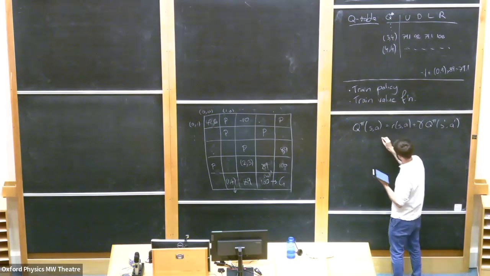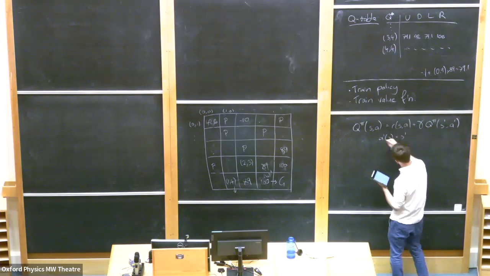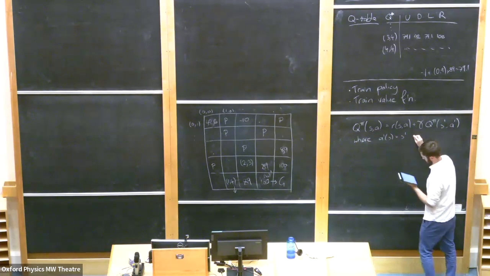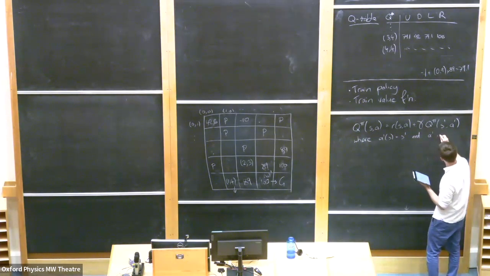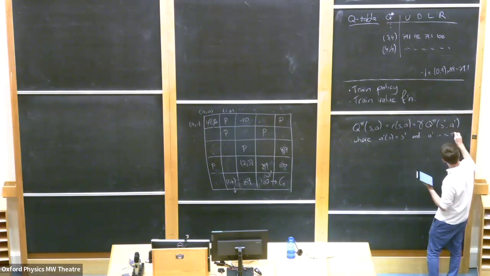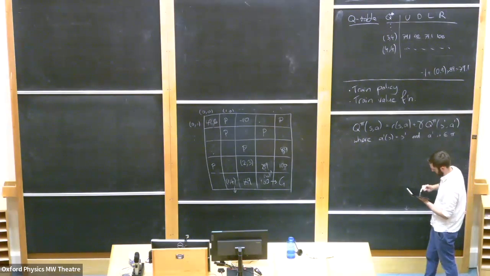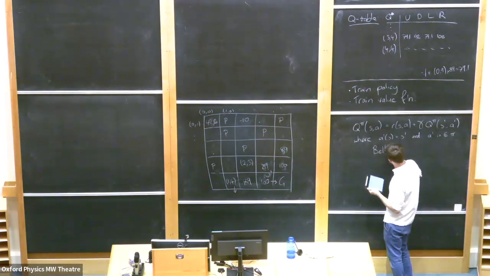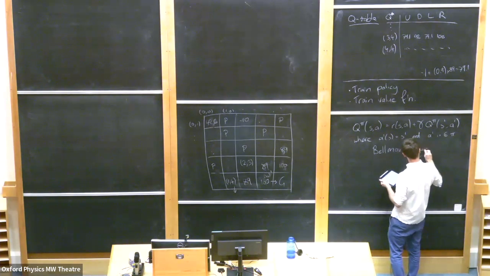So here, A prime maps you to S prime, and A prime is chosen by pi. This is called the Bellman equation. It's obviously a super simple equation, but it has a name because it's important for training.